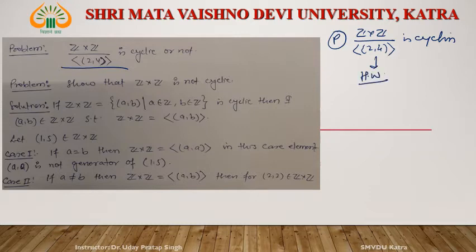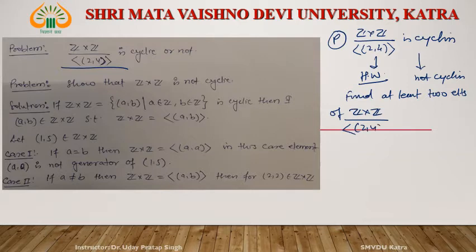The answer is not cyclic, but you have to find at least two elements of Z cross Z by (2, 4) whose order is finite.